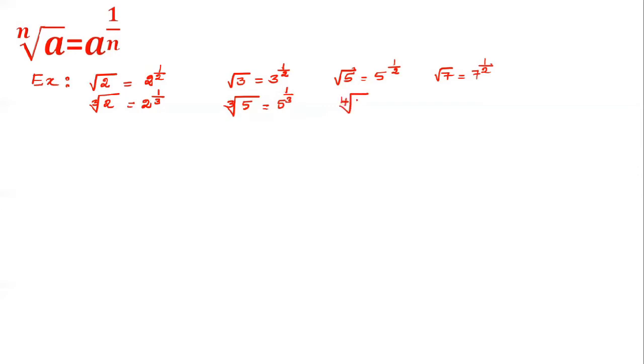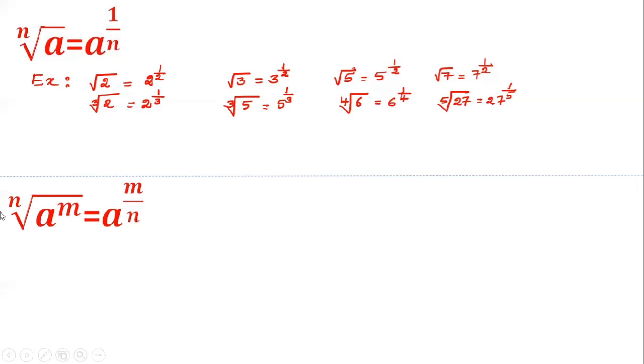Fourth root of 6 is equal to 6 to the power 1 by order 4. Fifth root of 27 is equal to 27 to the power 1 by order, that is 5. This is about writing irrational numbers in the exponential form.